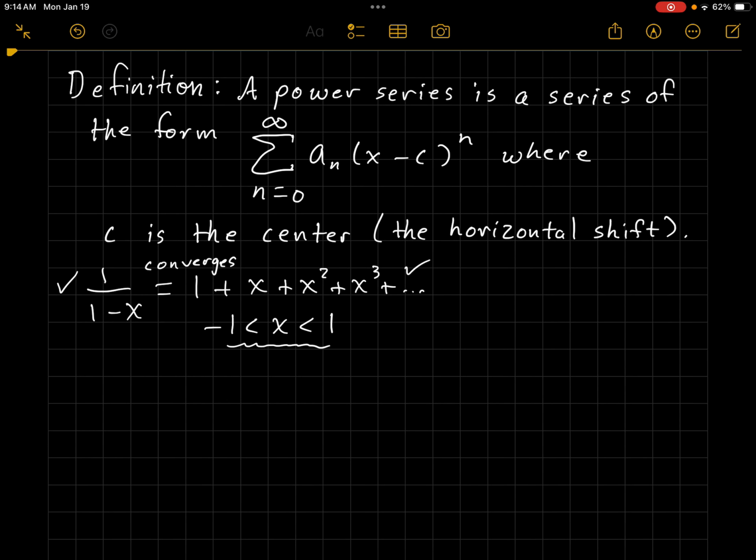We saw a couple more that we dealt with. We saw that natural log of 1 plus x was a manipulation of this.